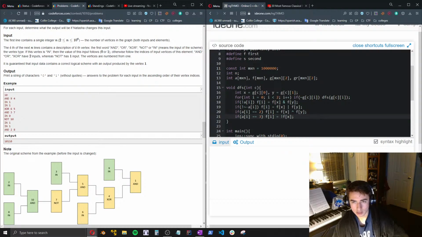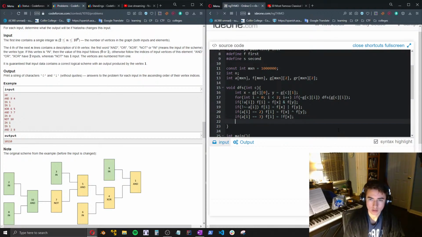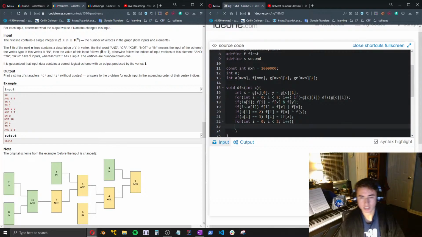Now we also need to do... what do we need to do? We need to do 4 0. Now we need to try flipping one of the children bits, right?